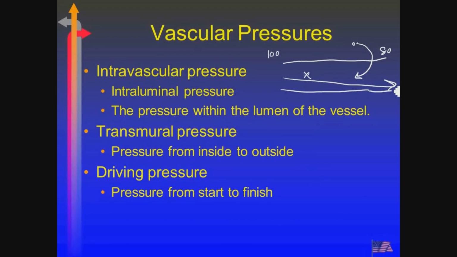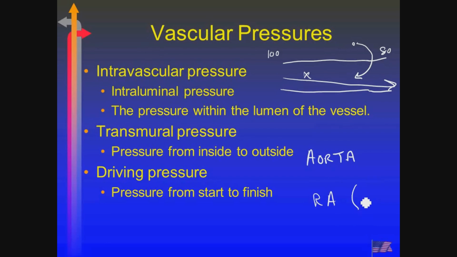Where's the highest pressure in the systemic circulation? Yeah, in the aorta. Where's your lowest? How about if I go one better and say the right atrium, because they both dump into there.